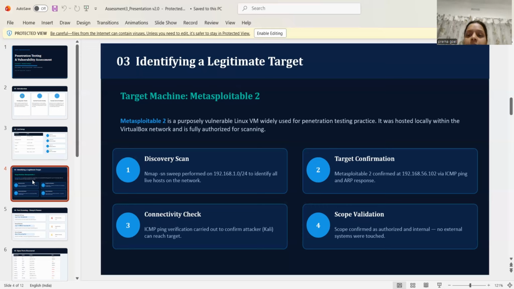The scan identified several critical, high, and medium risk vulnerabilities. The scan revealed multiple open ports including FTP, SSH, Telnet, HTTP, SMB, and MySQL. Some services such as VSFTPD, Samba, and UnrealIRCd were running vulnerable versions that are known to contain critical flaws.